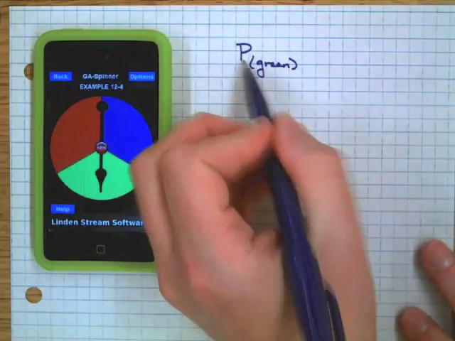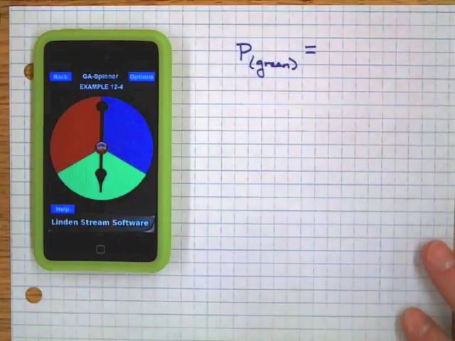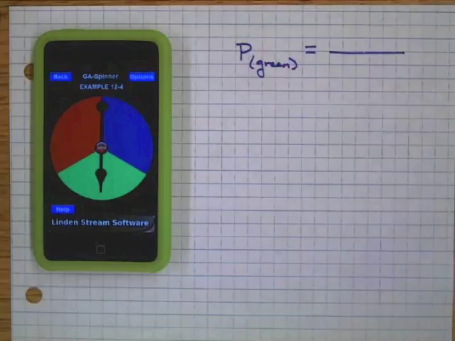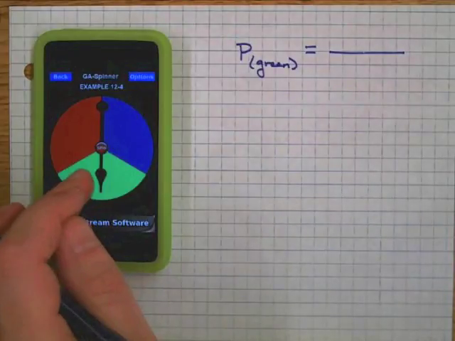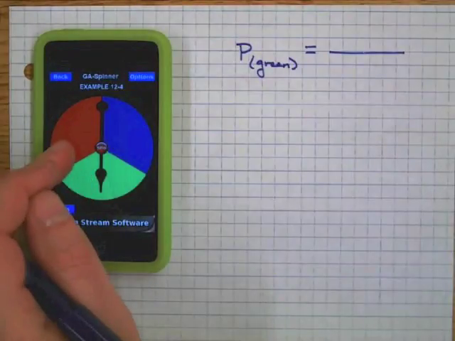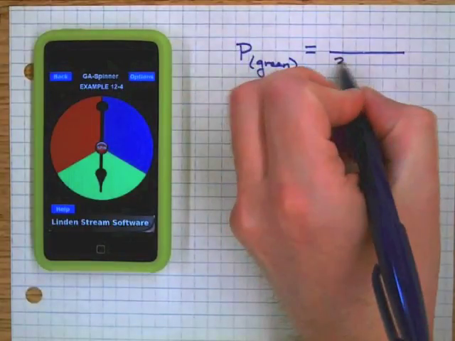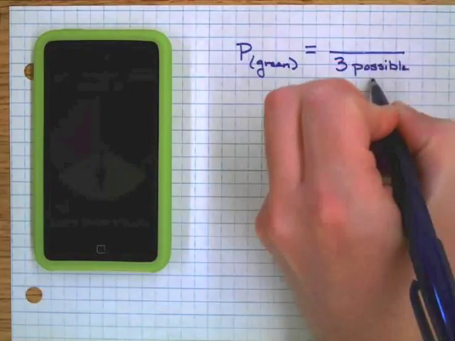Probability of green is going to be equal to the number of possible ways it can land on green out of the total possible outcomes. Well, our total possible outcomes: we could land on green, could land on red, could land on blue. There are 3 different outcomes that could happen. So there's 3 possible outcomes.